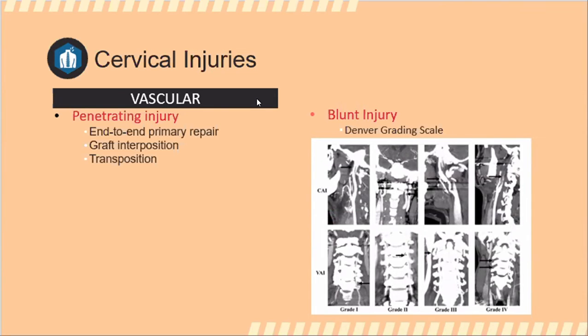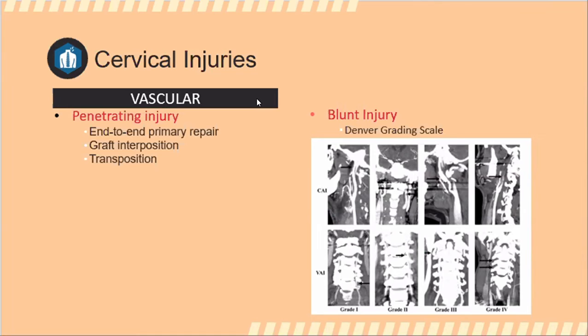For vascular cervical injuries or penetrating injury, the same holds true for the algorithm we used yesterday for zone 1, 2, 3, for your vascular injury with hard signs, soft signs. It applies to cervical injuries with vascular injury.